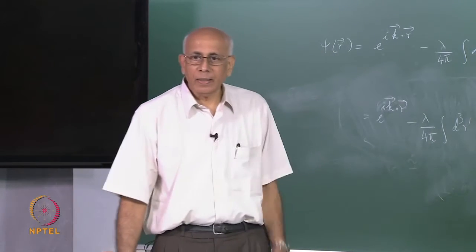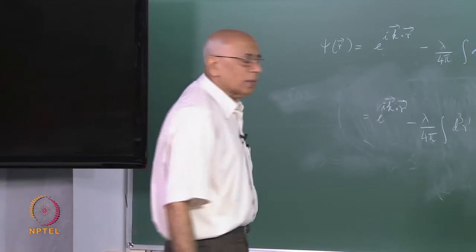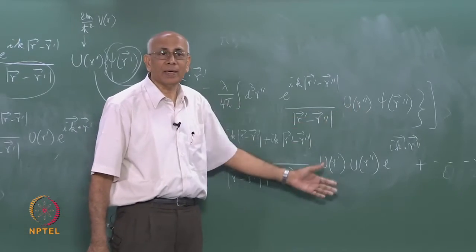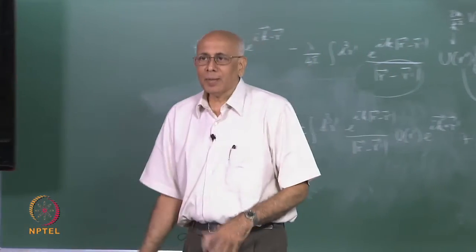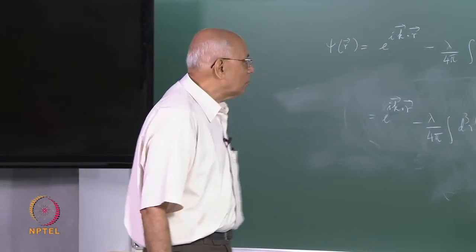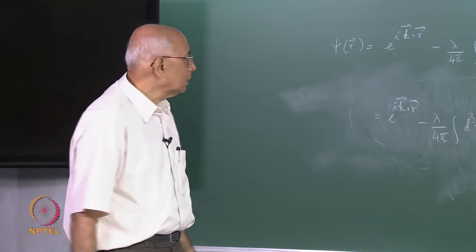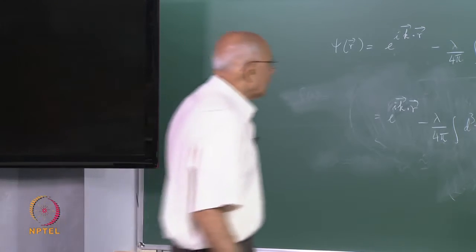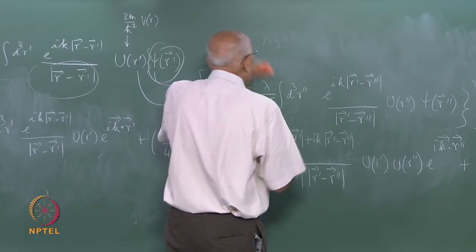Now let us come back and look at what it does to the scattering amplitude. By the way, it is very rare that you can take a problem and actually find all the terms in this series and solve it. It is getting clearly more and more intricate out here. There are problems which are solvable, but they are very few and far between, but it is a formal series of this kind. Now let us see what it does for the scattering amplitude though. For the scattering amplitude, we had a formula.